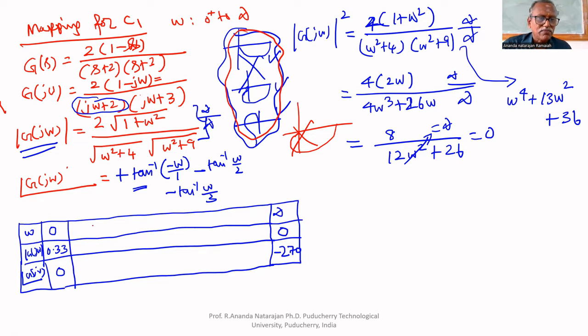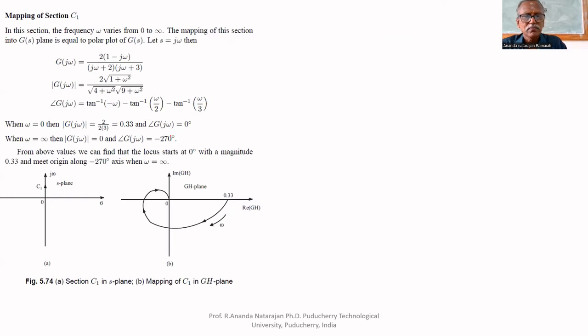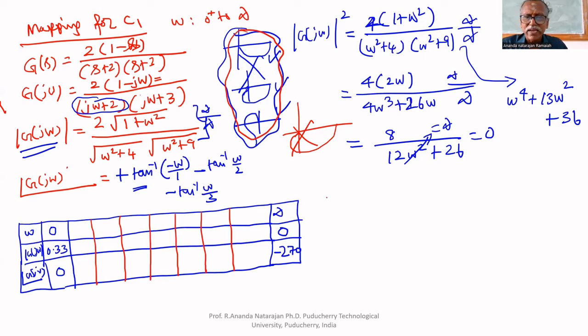So minus 270. You find the intermediate values here. Here omega equal to 1, we have to find 2, 3, like that we have to find.